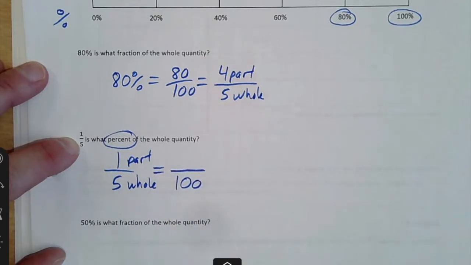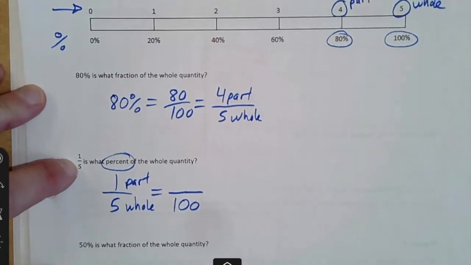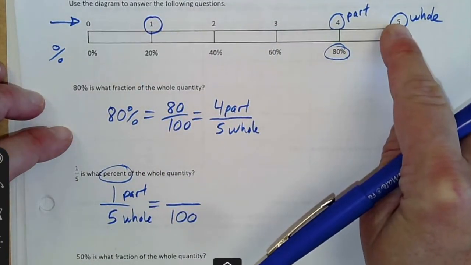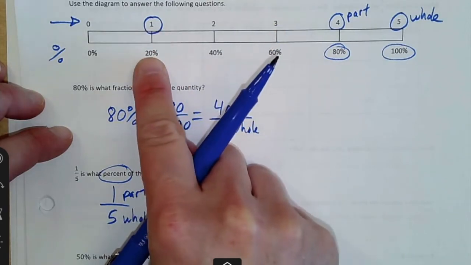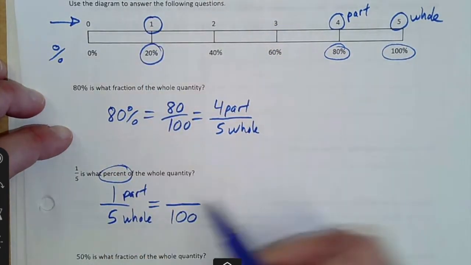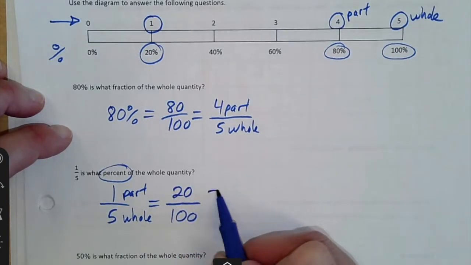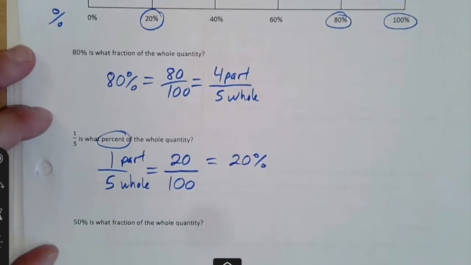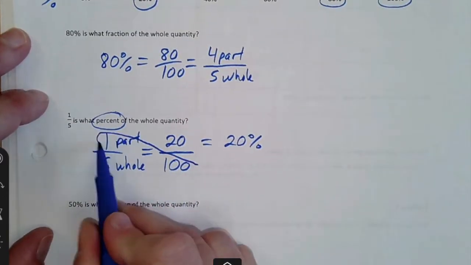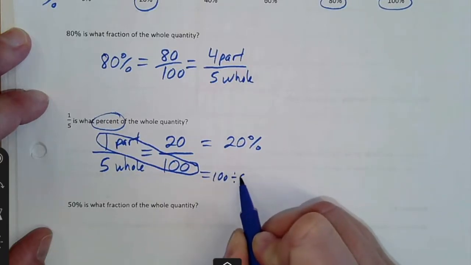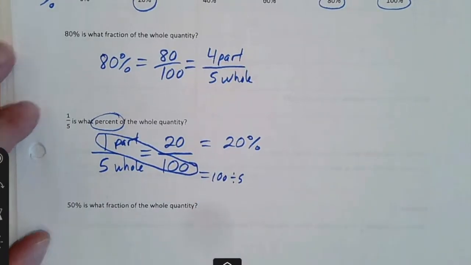So if I look up there on that tape diagram, 1 to 5 is the same thing as, instead of 1 to 5, now look at your percents, 20 out of 100, which is the same thing as 20%. You can solve that with cross products. 1 times 100 is 100. And then you divide by 5, and that's how you get 20.